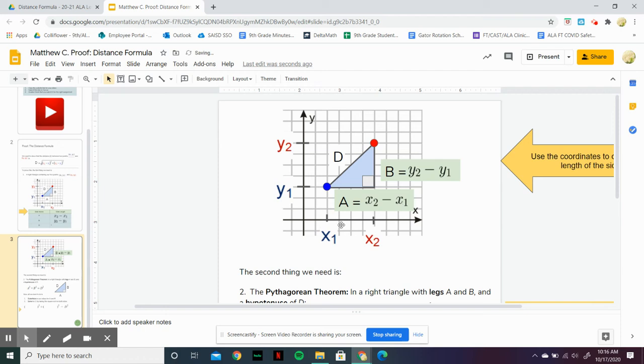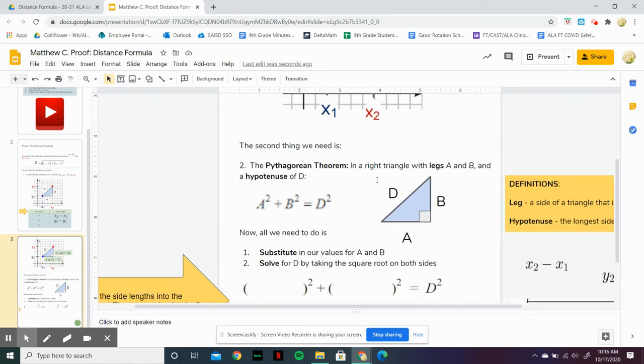And the reason we're speaking about these side lengths in terms of variables instead of numbers is because we want this formula to work for any two points. So we're going to use the variable names for those coordinate points.